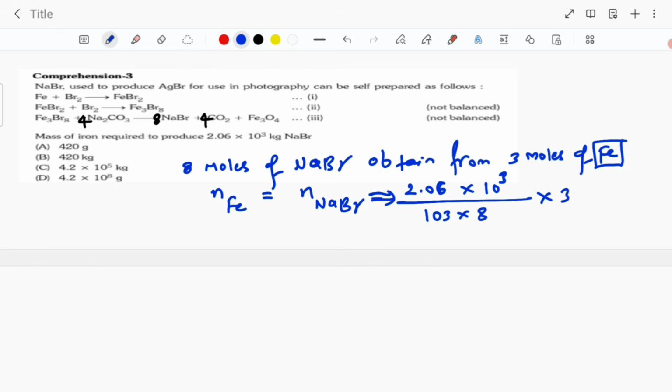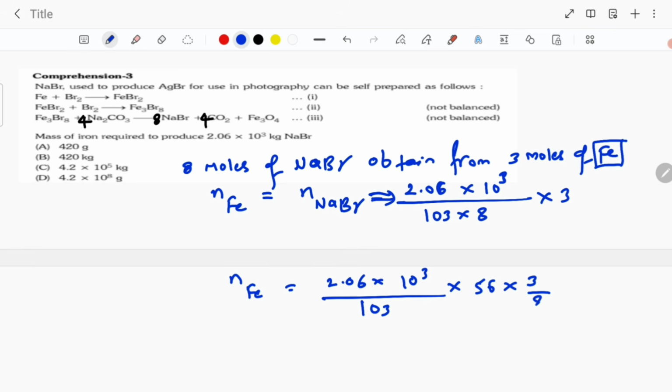So now according to the given information, how to get moles of iron? Moles of iron is equal to 2.06 into 10 power 3 by 103 into 56 into 3 by 8, which is 420 kg you will get.